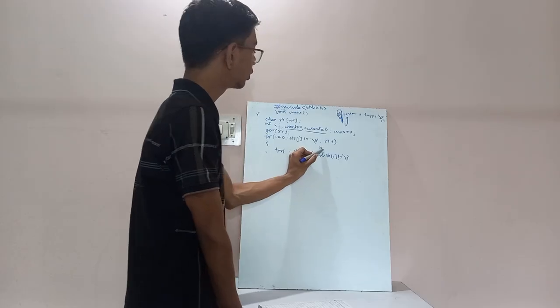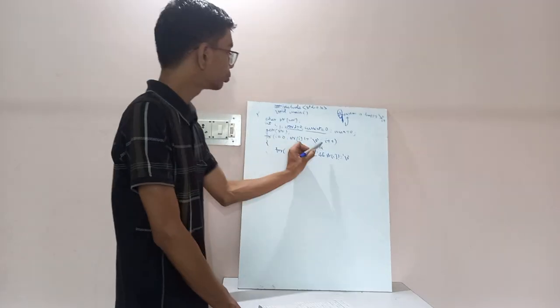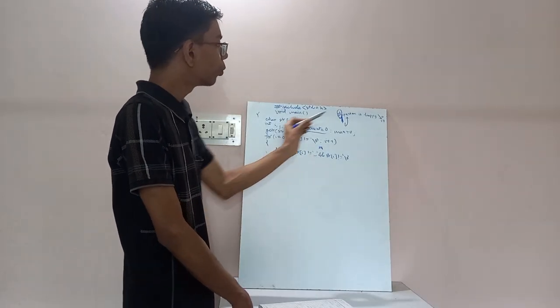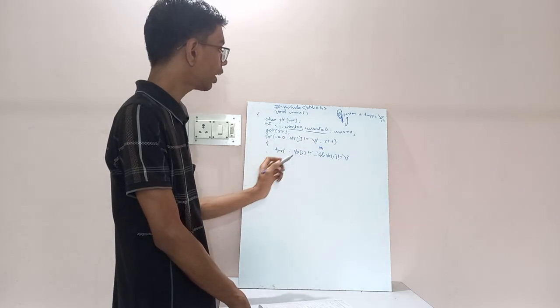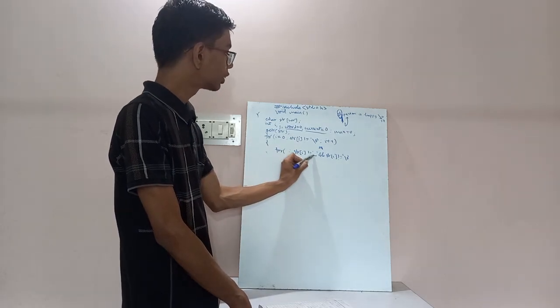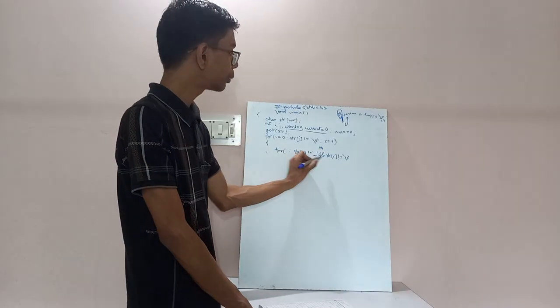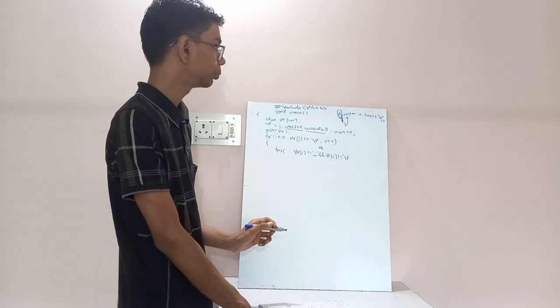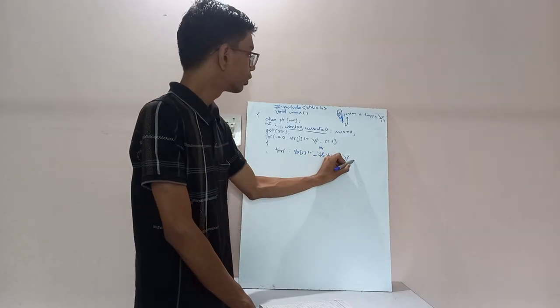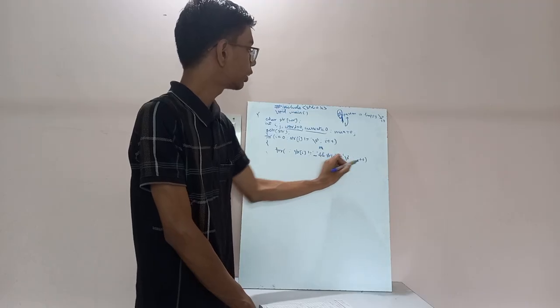If I used or, this would be wrong because both conditions should be true. I should not have a space, and also I should not have null. And I plus plus to skip that part.